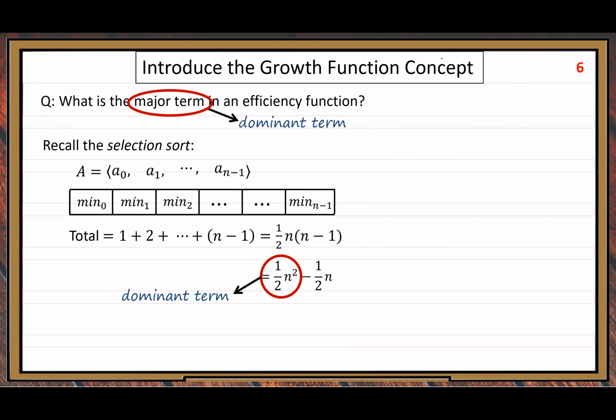Then we move from dominant term to growth function. There is another step. We try to simplify it. Here there is a 1/2 constant. In our dominant term, we cannot ignore that 1/2 constant.